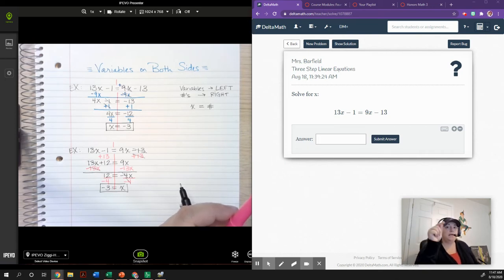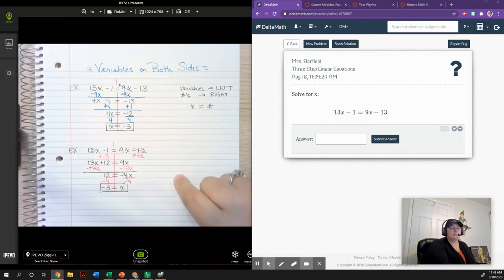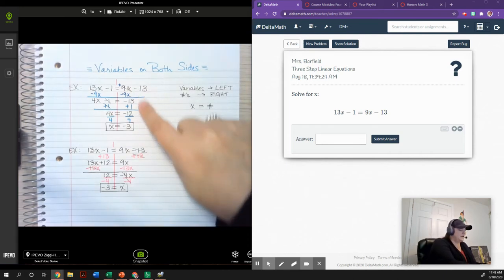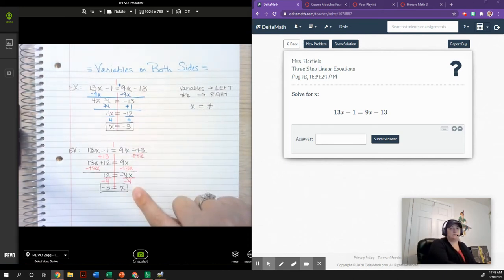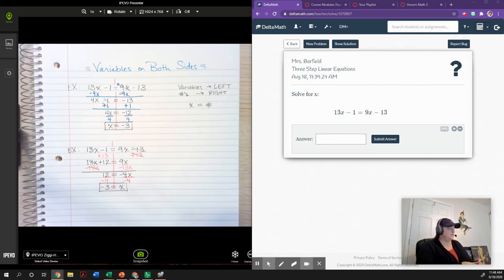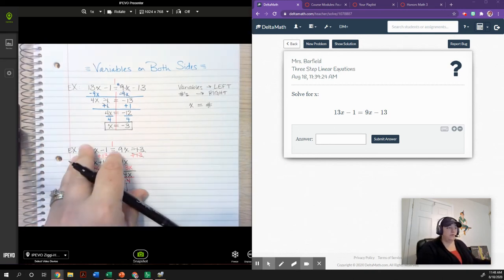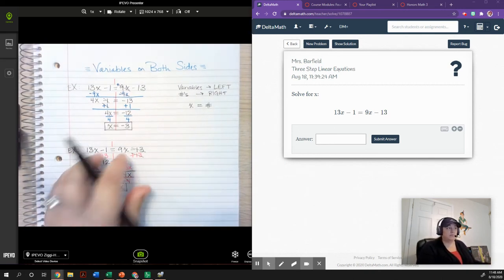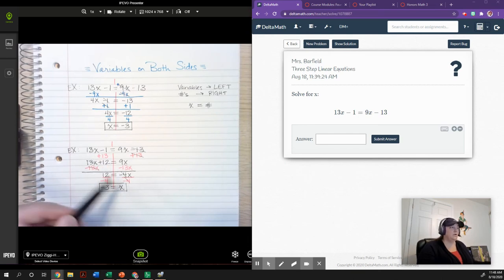Keep going, because I'm not going to do all 4 versions of this problem, but there are 4 different first steps that you could take, and you would still get to x equals negative 3 if you solve the equation mathematically and you're careful about it. So don't give up, okay? That's really what the moral of this story is: don't give up, okay? I did a completely different approach and I got the same final answer, okay?